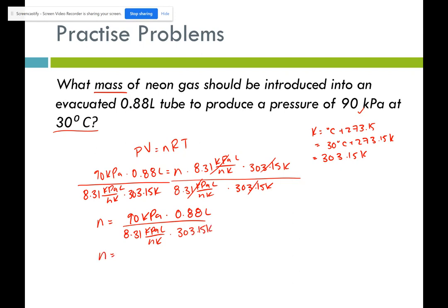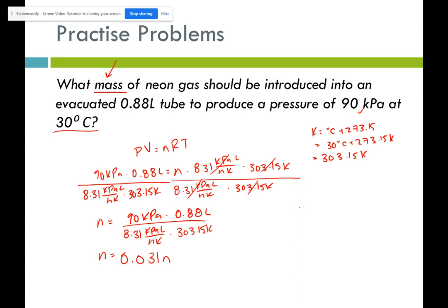So moles is going to give me 0.031 moles.